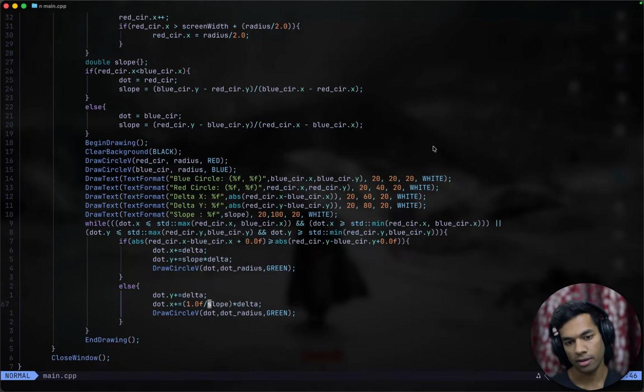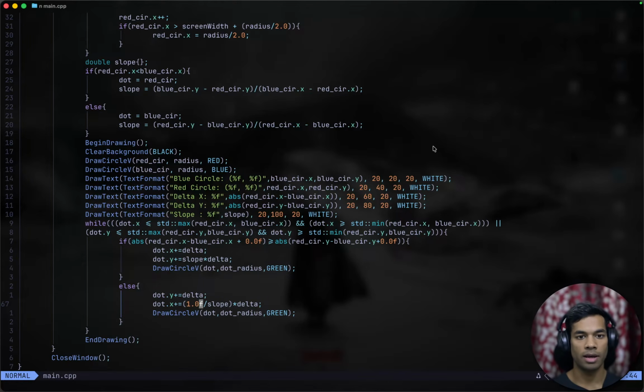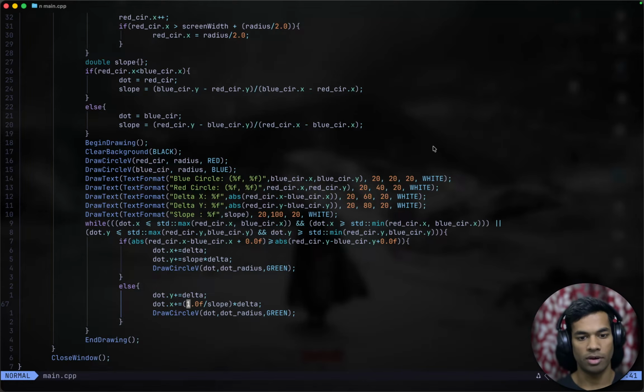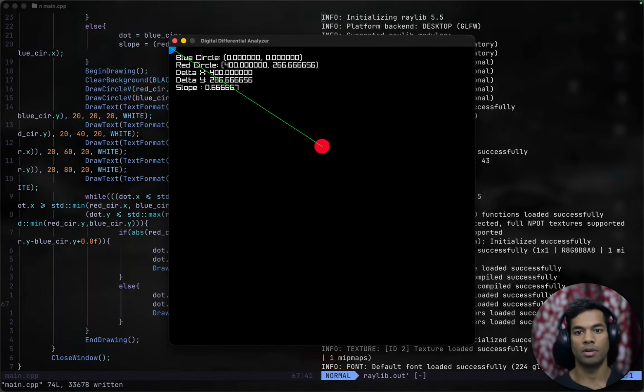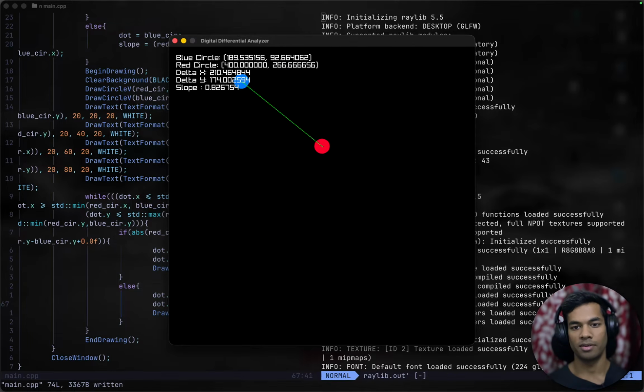Here when we are moving in this direction, slope also has to change its direction. No. Since we are calculating the slope correctly, yeah, the sign also has to change, I guess. Let's see.